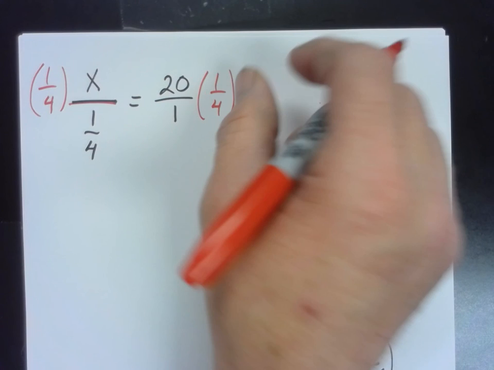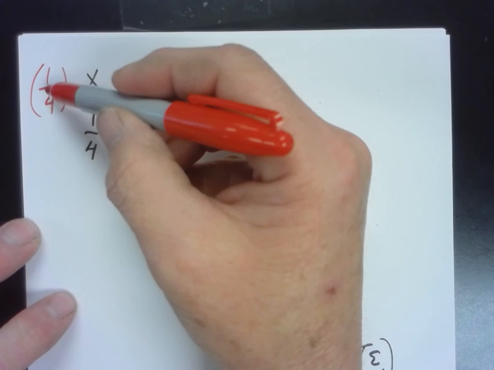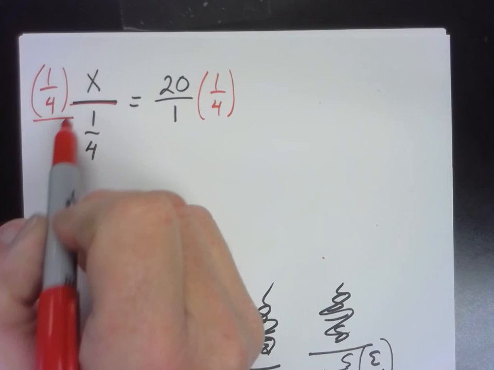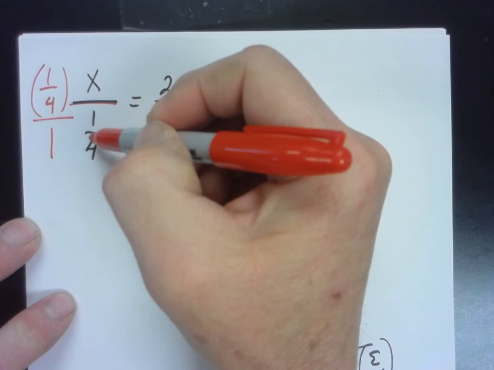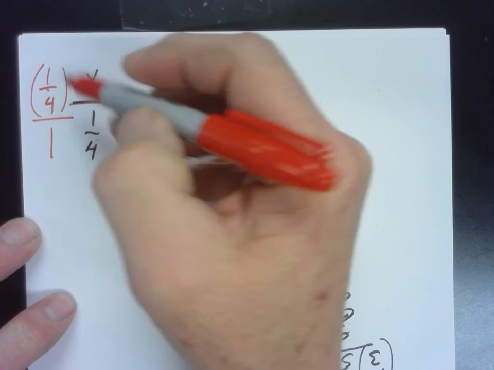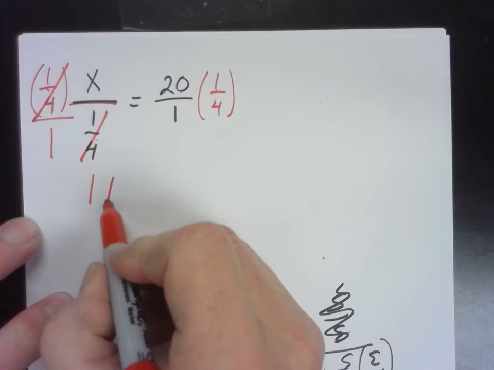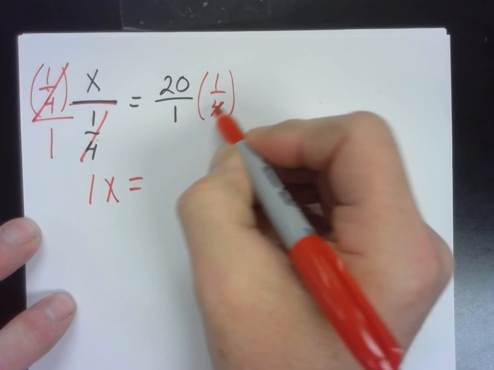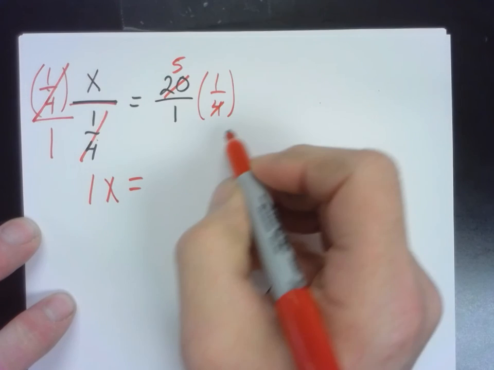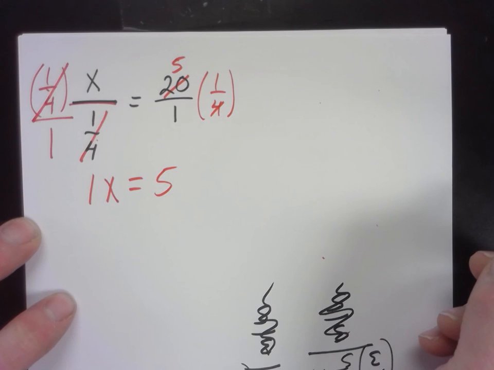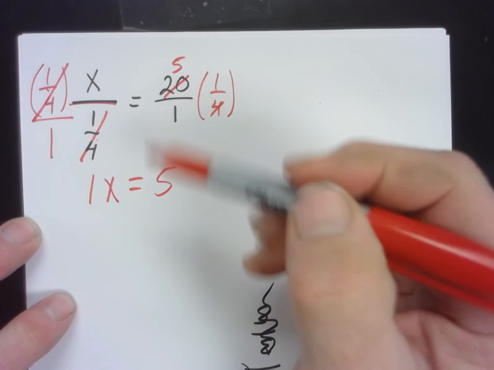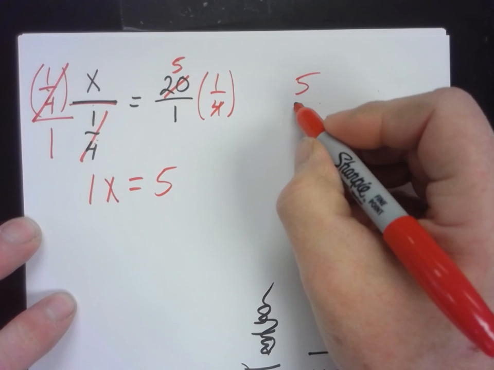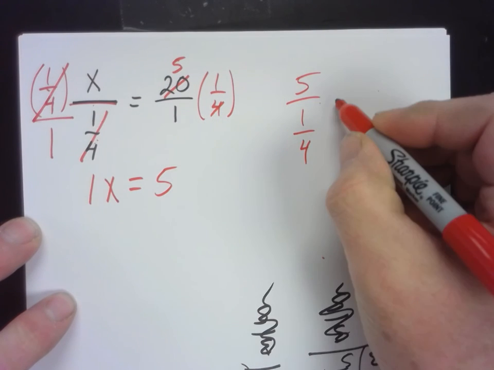Now, this 1/4 is in the numerator. This 1/4 is in the denominator. It's kind of like this. What's going to happen to these 1/4s? They cancel and give us 1 times x. And 20 over 1 times 1/4, isn't that just 5 times 1? 5? Let's see. 5 divided by 1/4 equals 20.